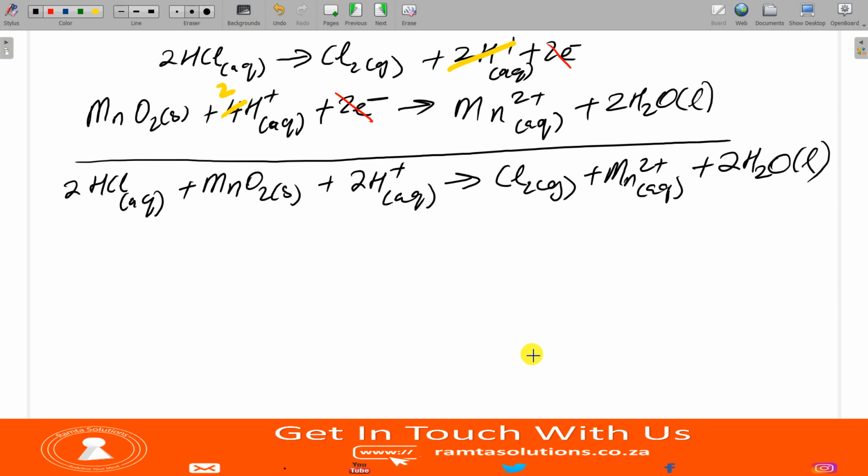This is now you balancing the redox reaction. As you can see, the charges in this overall reaction are balanced, the species are all balanced.